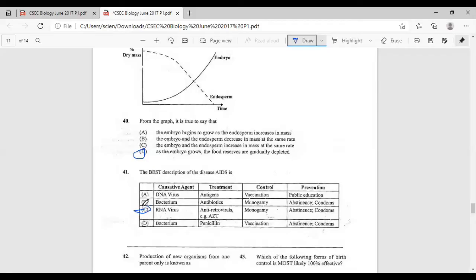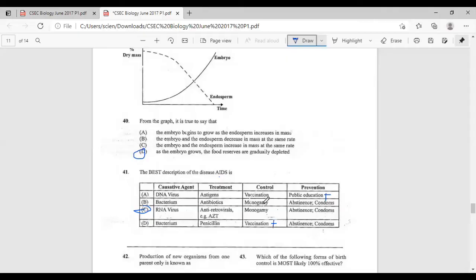And even if you don't know a lot, you could have realized that A is definitely out, because public education only is not going to stop AIDS from spreading. We would also know that D is out because vaccination is not how we control AIDS.